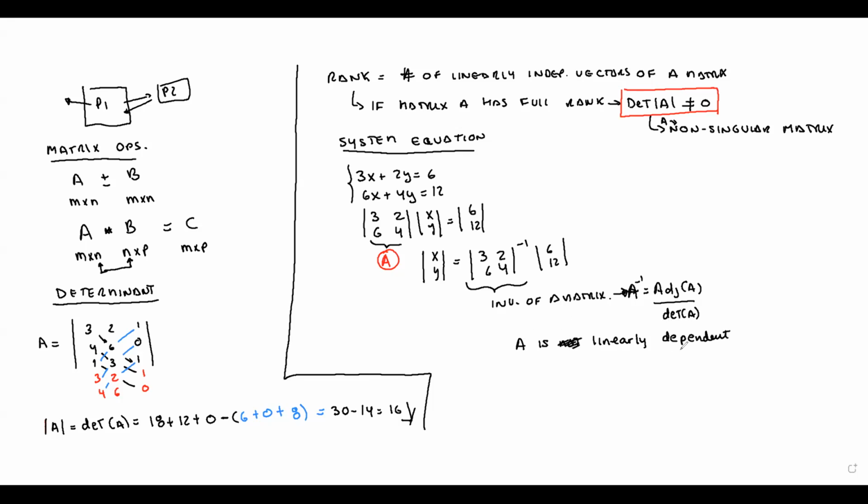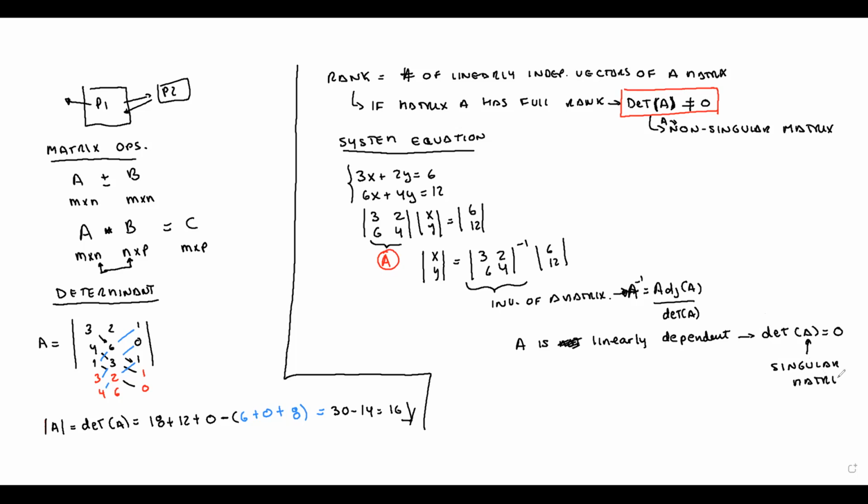Basically, the determinant of A is going to be equal to 0. Remember, how do we call those matrices that have a determinant different from 0? When they are different from 0, they are non-singular. When the determinant of A equals 0, this matrix is called a singular matrix.